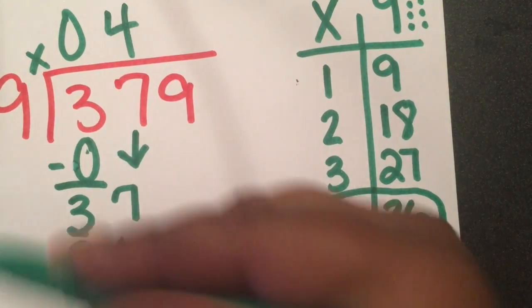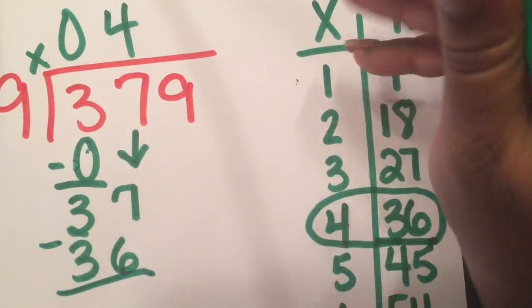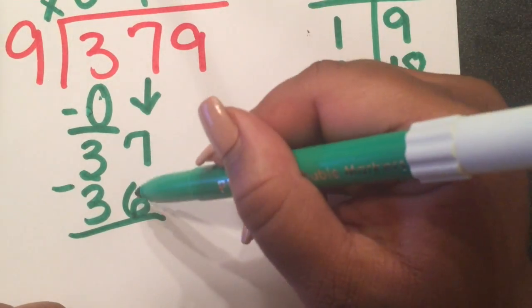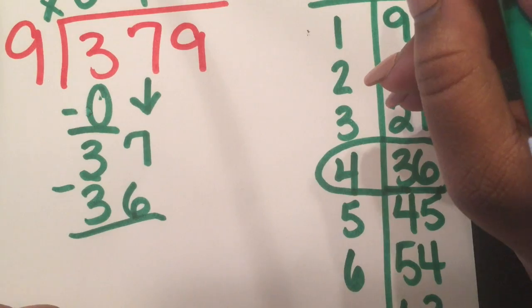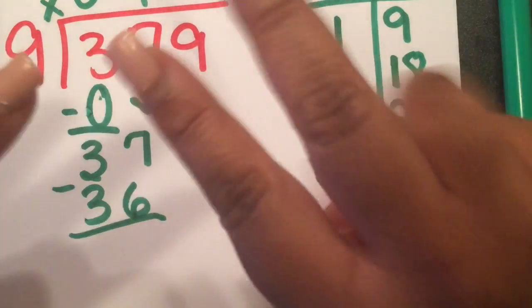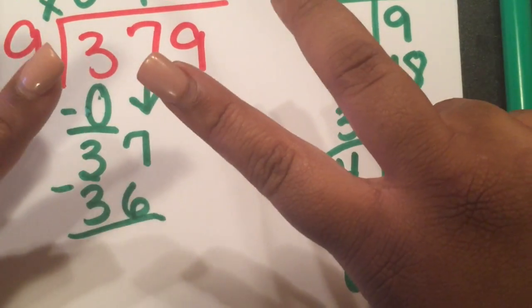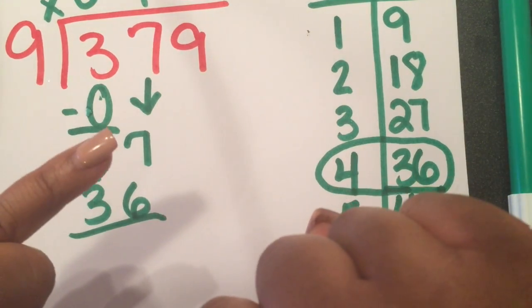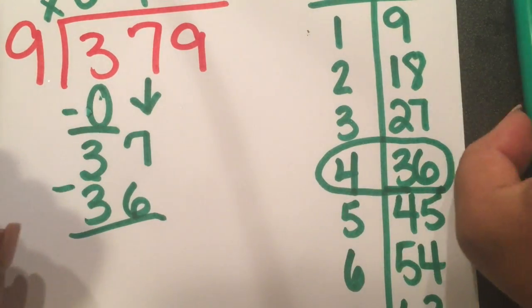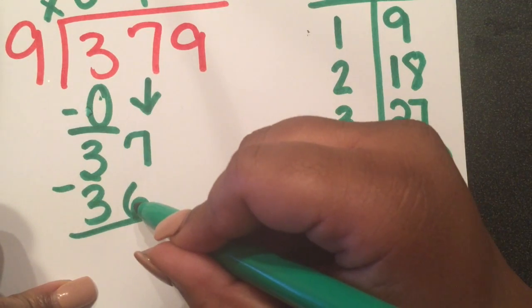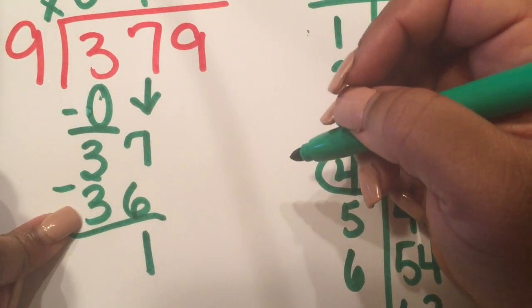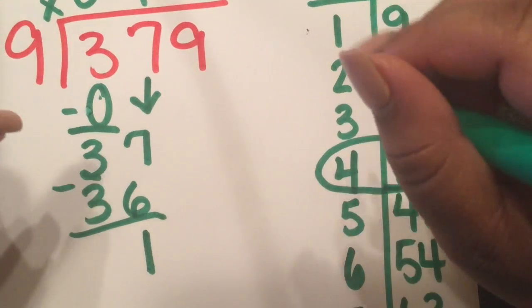And so then you have to subtract. Take it one step at a time. 7 minus 6. If you have 7 fingers and you take away 6, you're left with 1. And 3 minus 3 cancels out because it's 0.